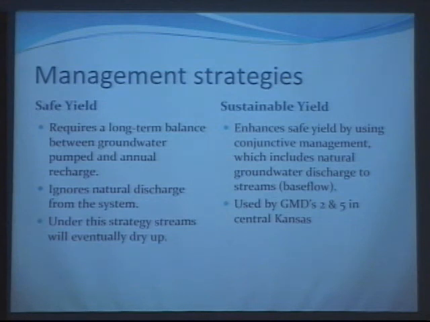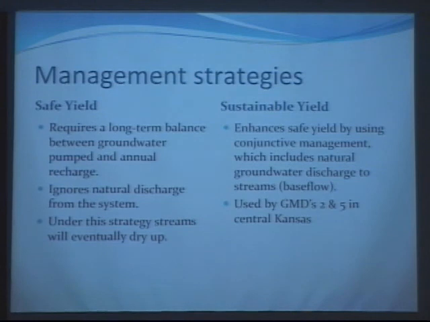So a different approach would be one that has at least sustained kind of in it, that magic word that we have this class about. And it enhances the previous one by using what's called conjunctive management, which means that you'll include the natural groundwater discharge to streams. So you would control at least new wells from being pumped, so that you would consider water flowing into the streams as natural flow as being a beneficial use.